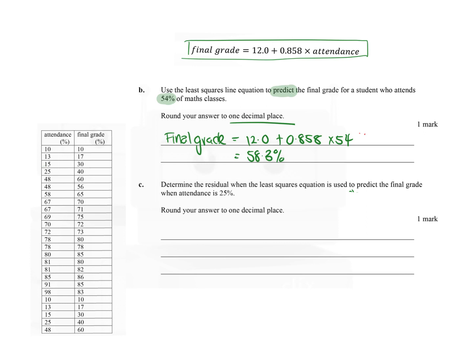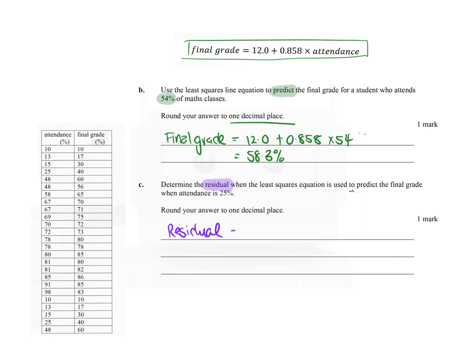So they get 58.3. With the next question, I'm getting asked this a lot, this question is asked a lot and everyone keeps forgetting. When it says determine the residual, as soon as you see that, they're asking you to work out the residual. Write the formula for residual.